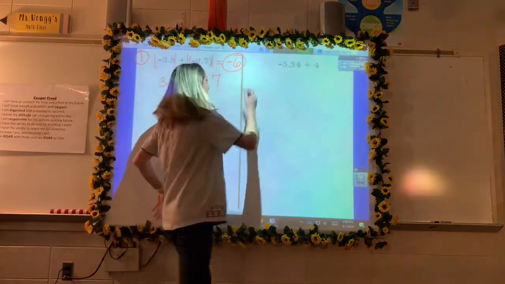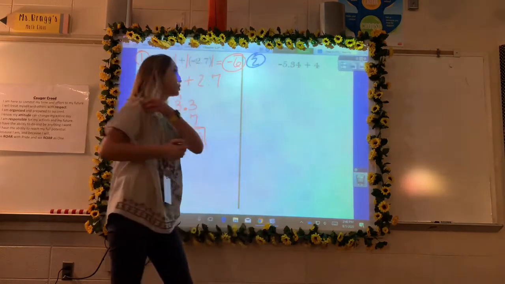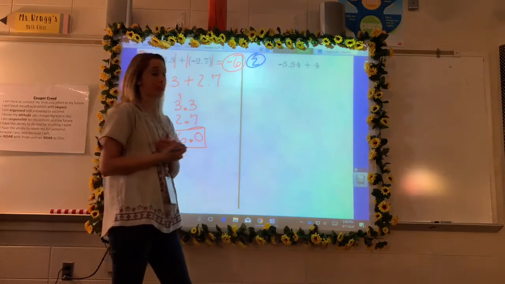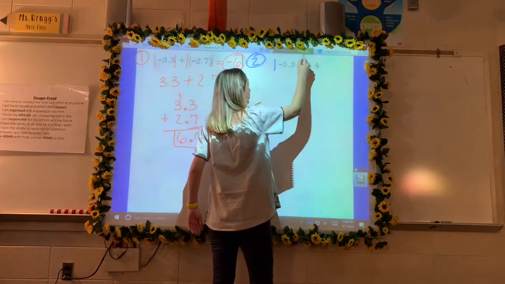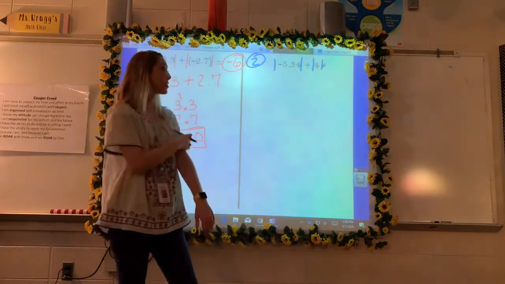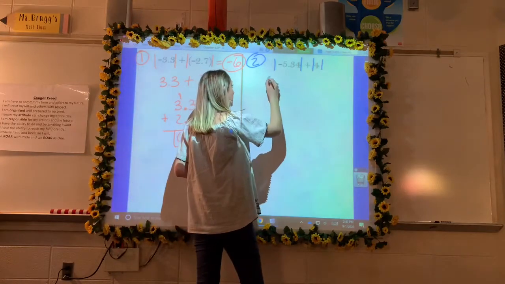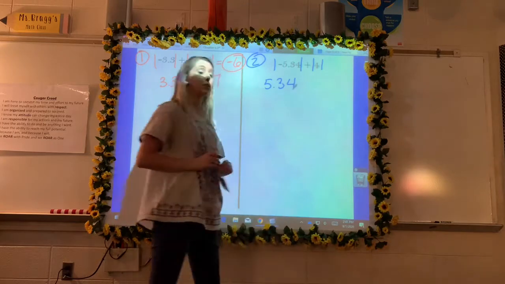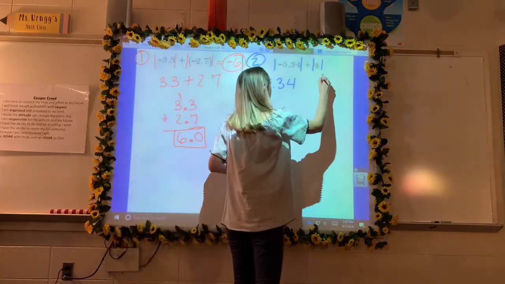Let's look at example number 2, okay? Let's look at another. So we have negative 5 and 34 hundredths plus 4. So first, we want to take the absolute value of both numbers before we do anything. So the absolute value of negative 5 and 34 hundredths would be positive 5 and 34 hundredths. And the absolute value of 4 would be 4.